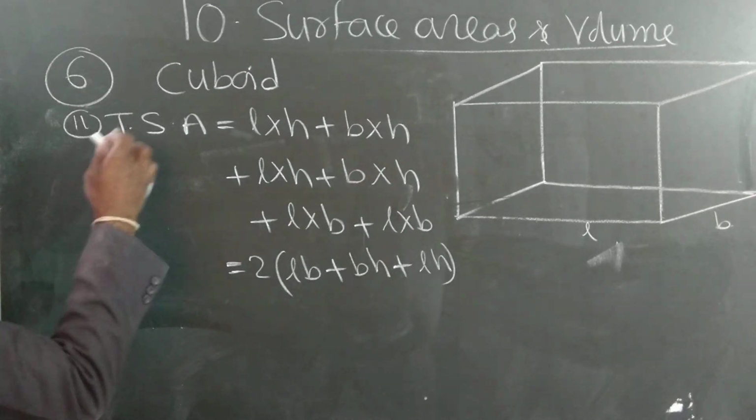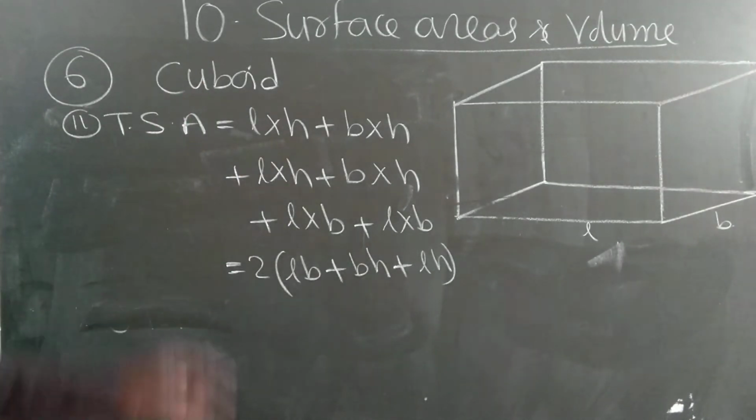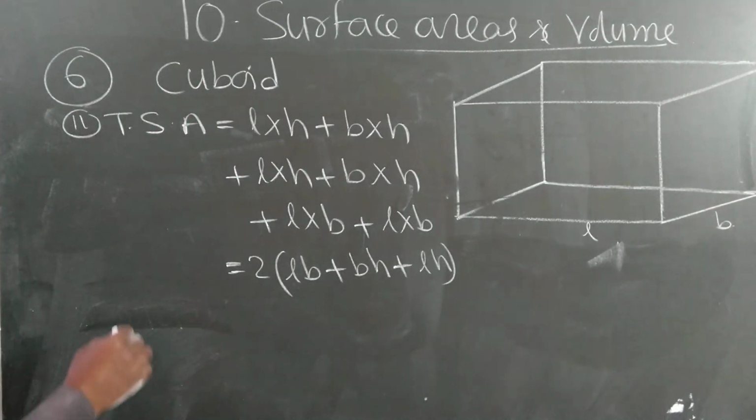This is the formula for total surface area of the cuboid. Write down.